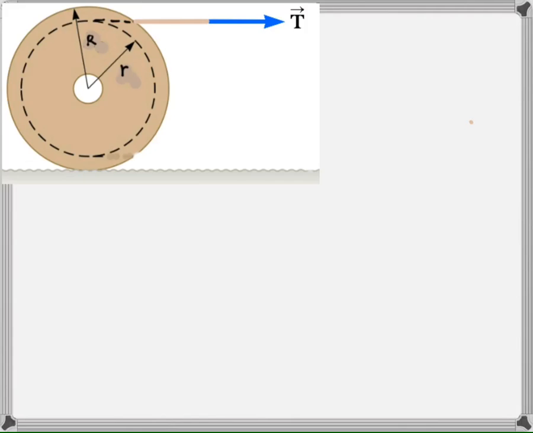Okay. But if it is rotating in this direction, to prevent this rotation, which direction of the friction must be on the wheel? It must be in this direction, right? Yes. Down.